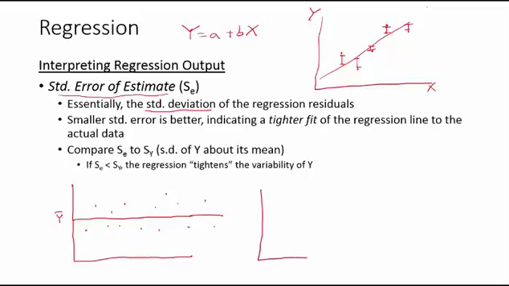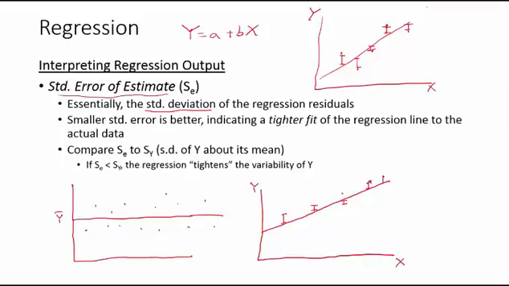What we're doing with the standard error is the same concept, but instead of looking at the distribution of the actual y's, the observations of y about their mean, the standard error is looking at the distribution of the residuals of y about the regression line.